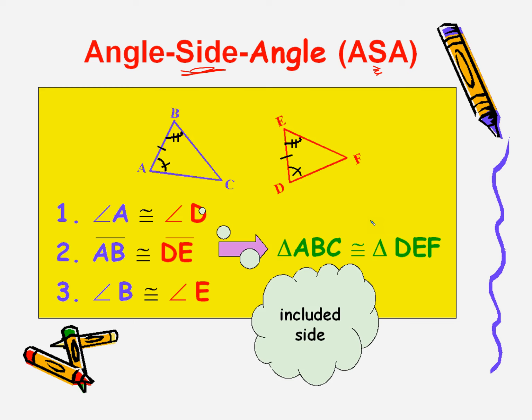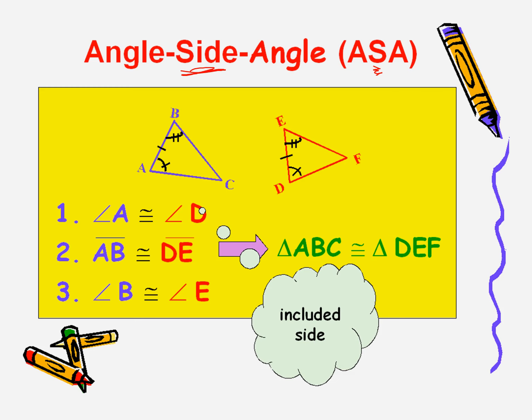Just a reminder, the reason we're showing these different things is that the definition of congruent triangles is that all six corresponding parts are congruent. So by definition, we might need to show that all three sides and all three angles of one are congruent to the six corresponding parts of the other. But these postulates help us because we only need to show three things, but order is important.